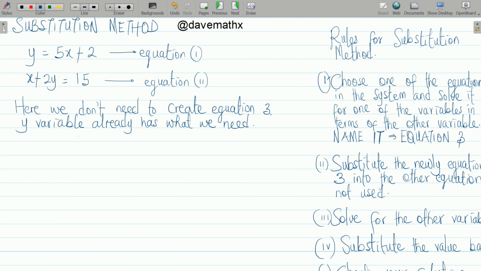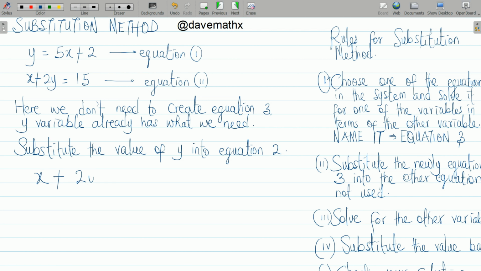All we have to do is enter the value of y from equation 1 into equation 2, because we don't need to find equation 3. Now we just have to substitute.